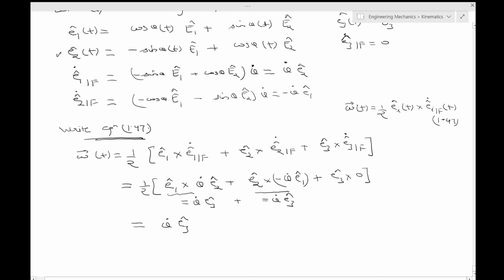And theta dot is what we write as omega. This implies that omega of t is equal to theta dot E3 hat. Omega is equal to omega E3 hat with omega equal to theta dot. Okay, this is 1.52.